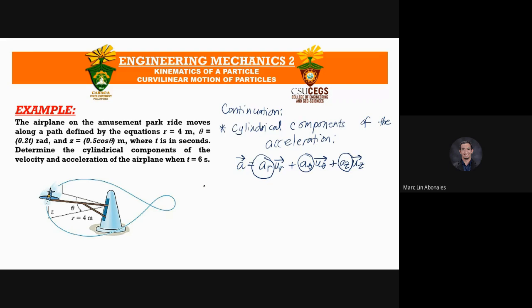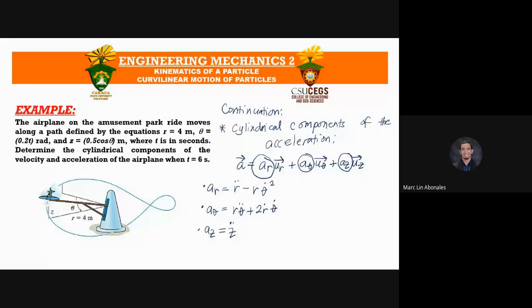So for the AR, the same lang, that is equal to R double dot minus R theta dot squared. Ang transverse component, that is R theta double dot rather, plus 2 times R dot times theta dot, and the Z component is Z double dot.